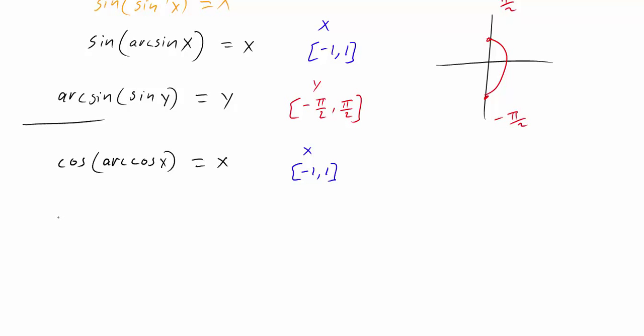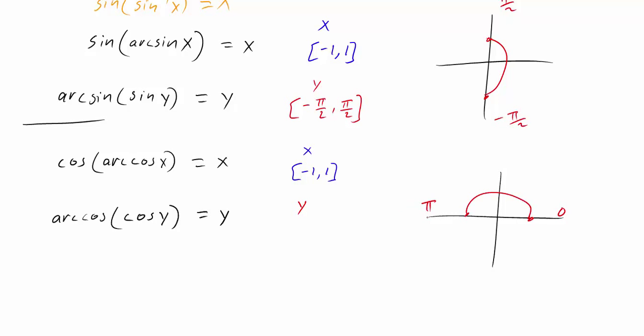And then we could look at it as the arc cosine of the cosine of y is equal to y as long as our y value is where? Now, it's not -pi/2 to +pi/2. Remember, this is where we looked at the inverse cosine, and we said it went from 0 to pi. So here we're looking at this value of 0 to pi.